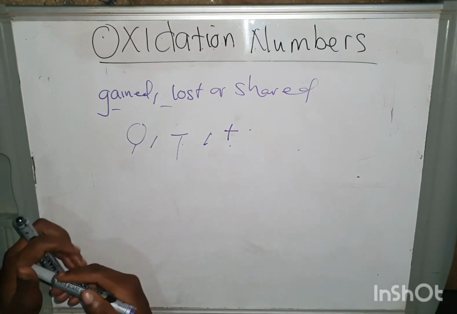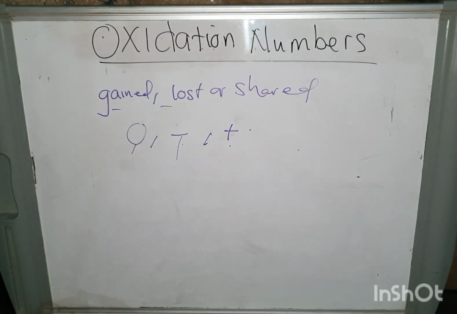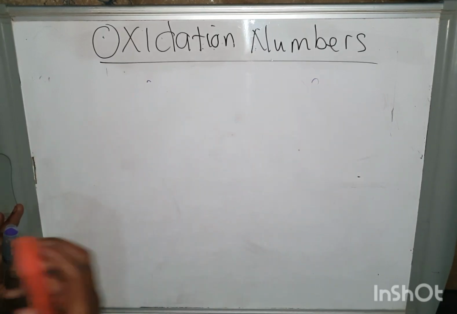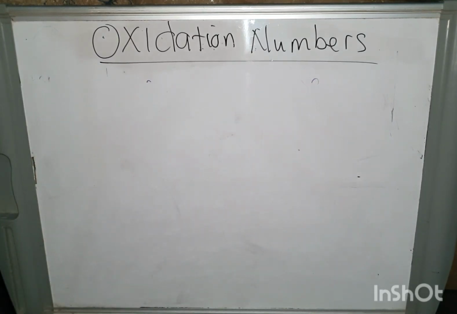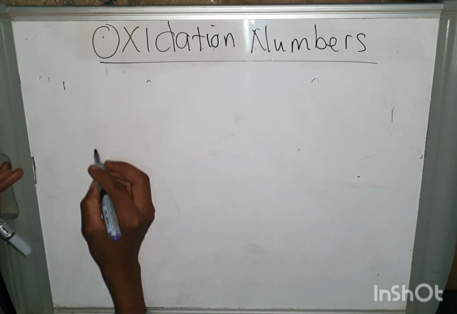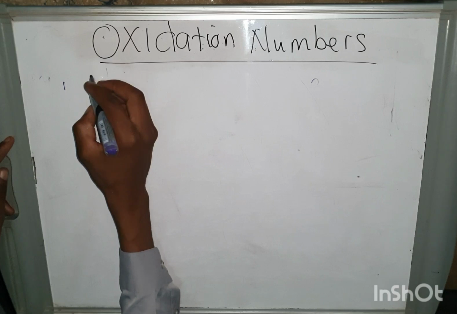Okay. Now we need to know some rules which are used. First, look at the steps which are used when assigning oxidation numbers to atoms. The first step is to write the oxidation number for each known atom below its symbol.